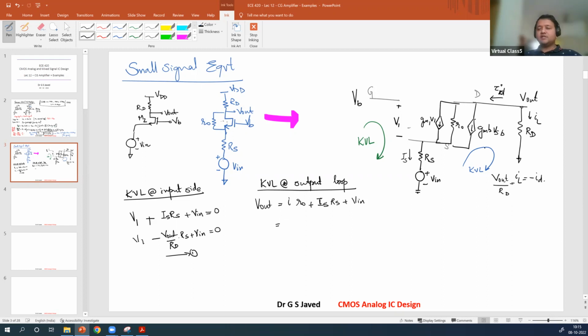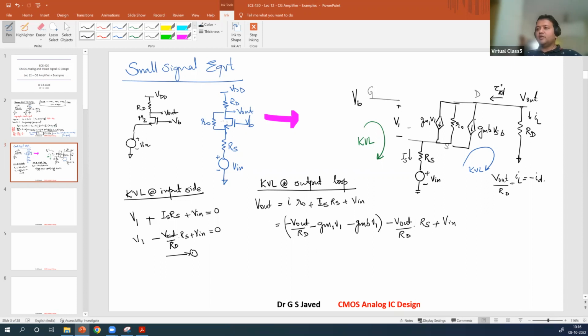This I can be written as negative of these two terminals. You'll have to apply KCL here. So that will be minus V out over RD, then minus gm1 V1 minus gmb V1. I is taken care of, then same value, minus V out by RD times RS plus V in.